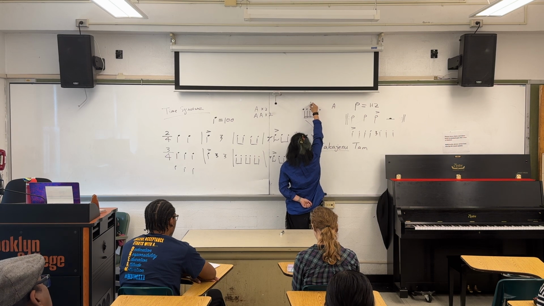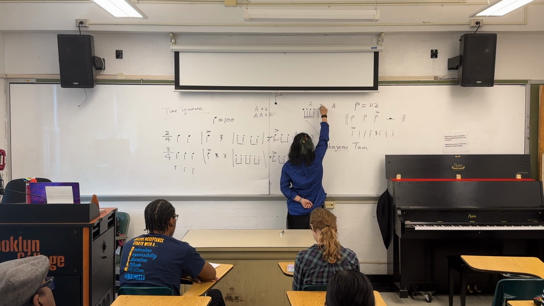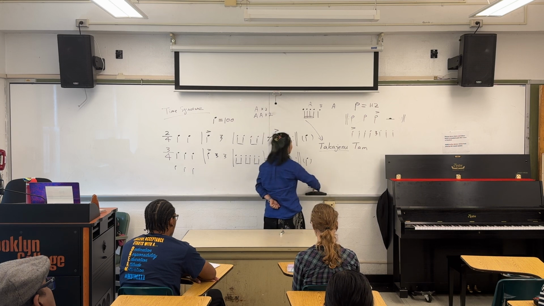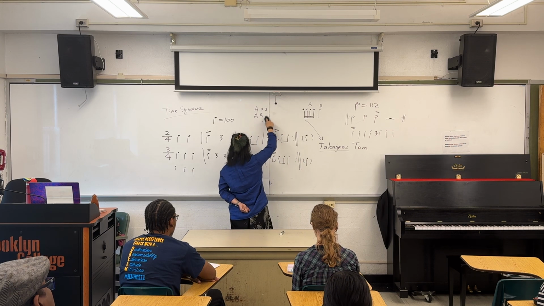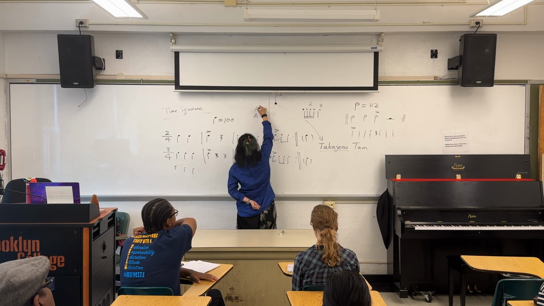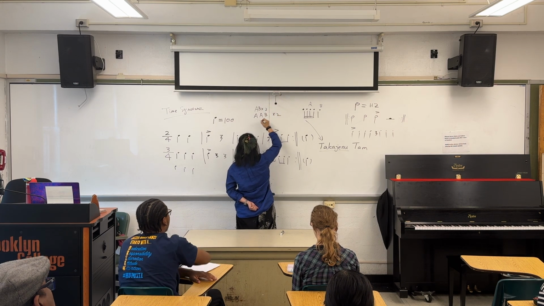So this is actually the A. We can call this B, basically. To make the math work, we'll just divide this. Okay, so first is AB times 2. And then AAB times 2.